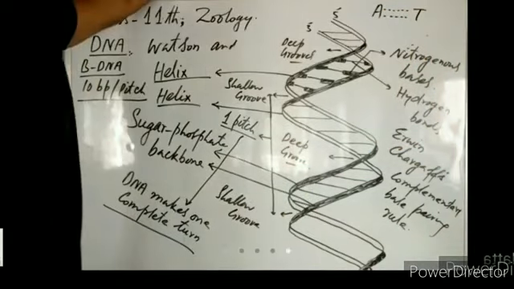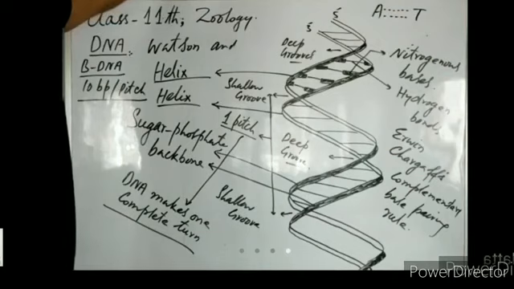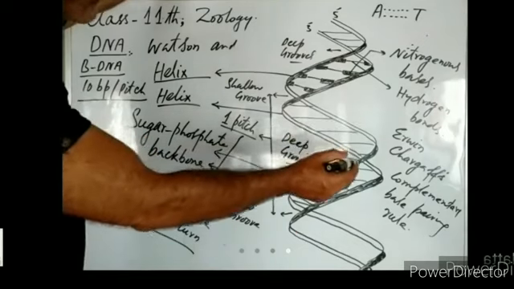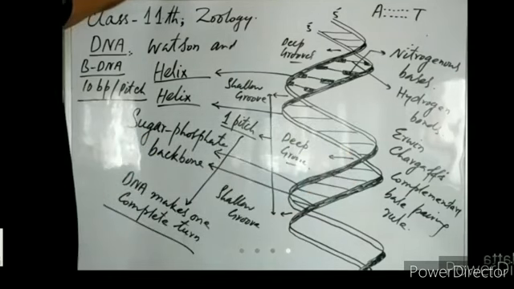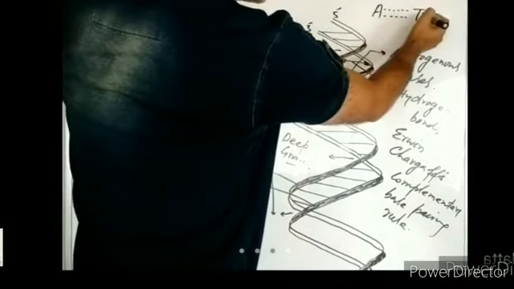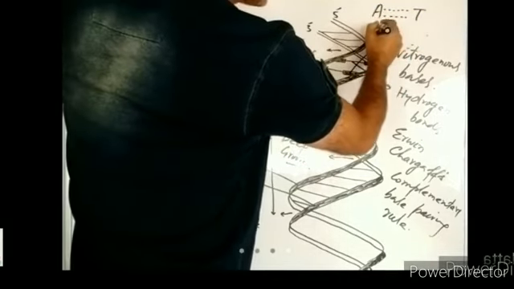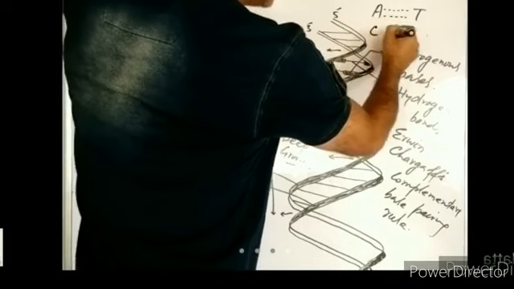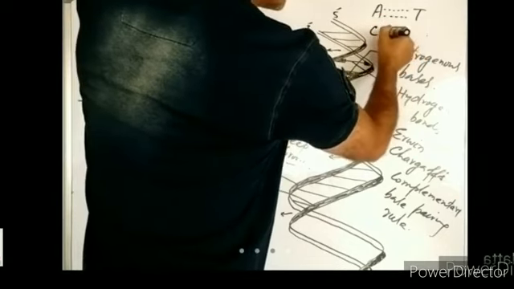You have learned about the nitrogenous bases. In DNA there are four nitrogenous bases: adenine, thymine, cytosine, and guanine. Adenine and guanine are purines. Cytosine and thymine are pyrimidines. So according to Chargaff's rule, adenine will always pair with thymine, and cytosine will always pair with guanine.